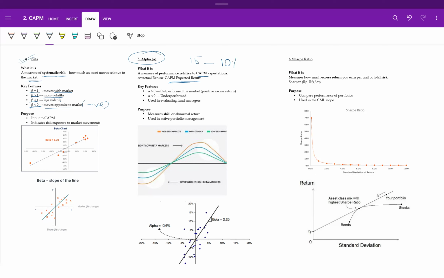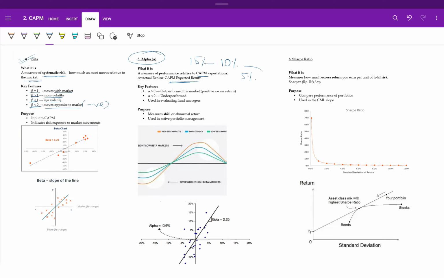So this 5% is the alpha. Alpha means the performance relative to capital asset pricing model expectations. So how much above the capital asset pricing model we have generated, that's the alpha.